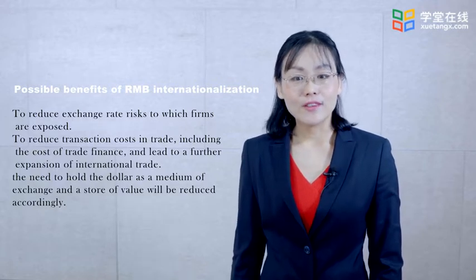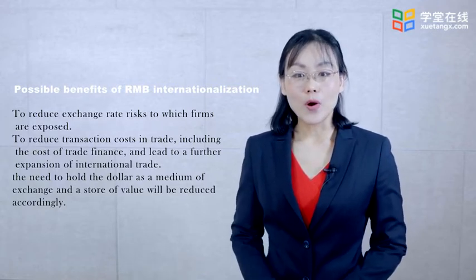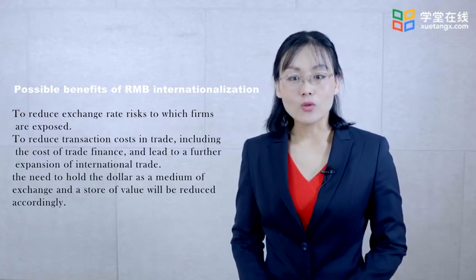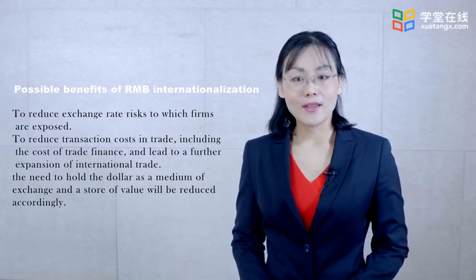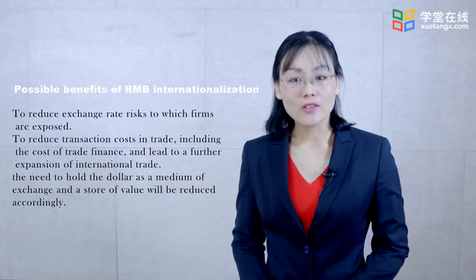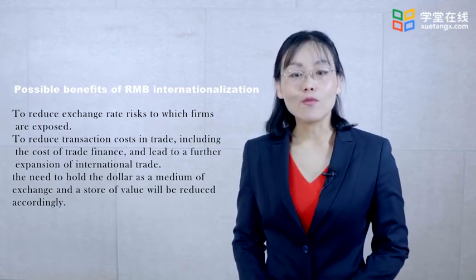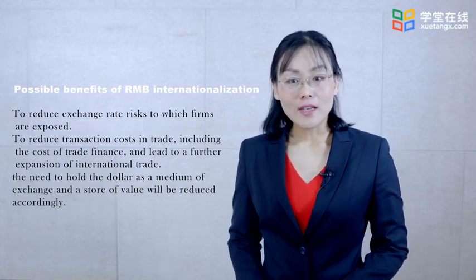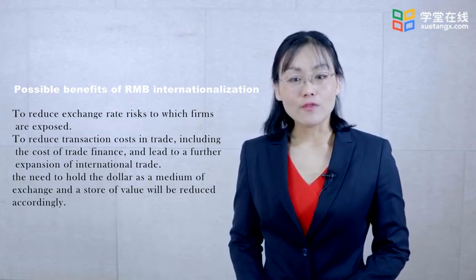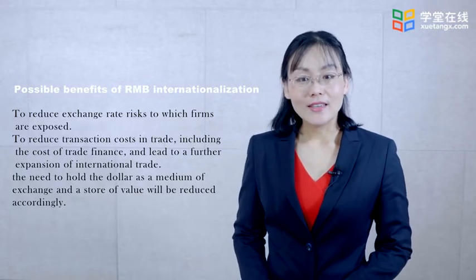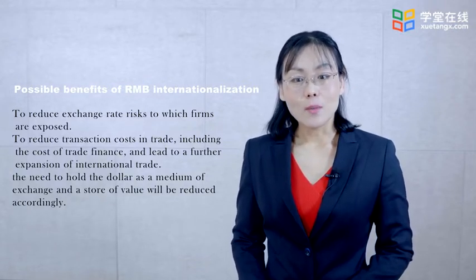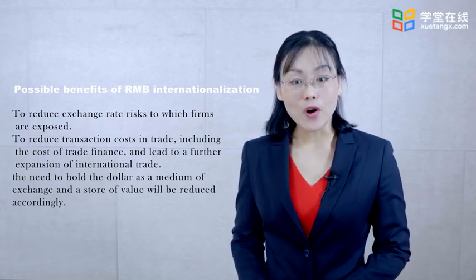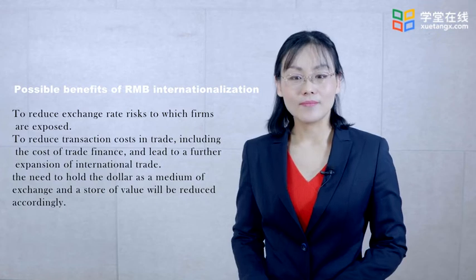Many believe that if exports are invoiced and settled in RMB, Chinese exporters will be able to avoid exchange risk while RMB is in the process of appreciation, and hence the momentum of the People's Republic of China's exports can be maintained.